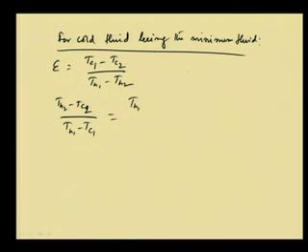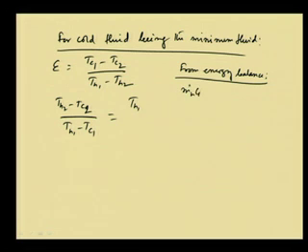Because we can see here again from energy balance, as we have done previously, that m dot h Cph into Th1 minus Th2 will be equal to m dot c Cpc into Tc1 minus Tc2.